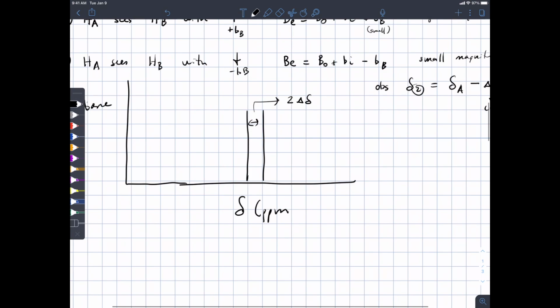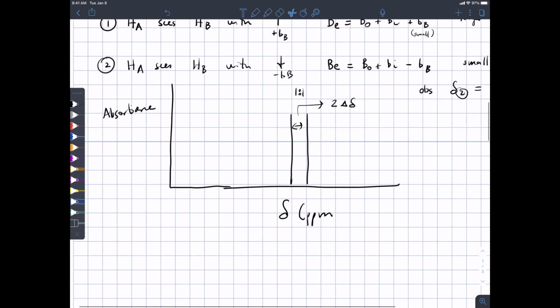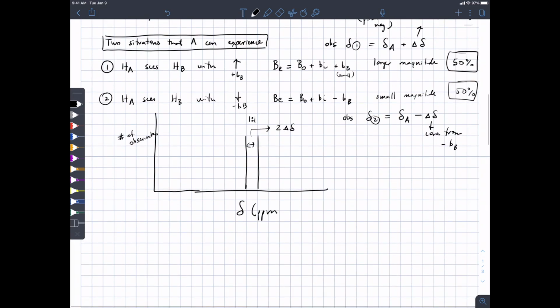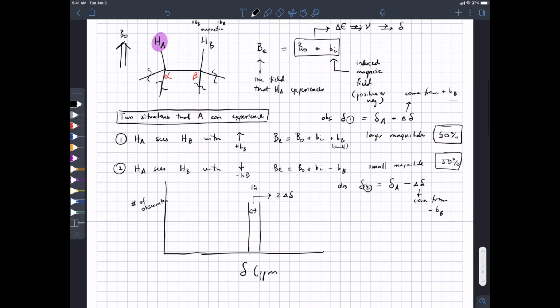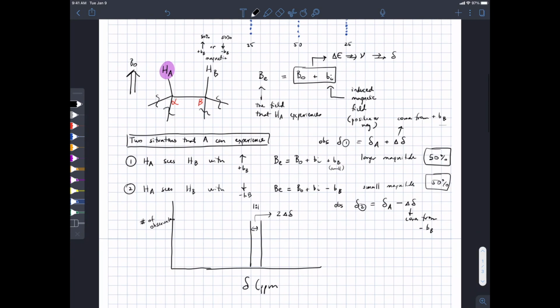We expect to see 2 peaks present in a 1-to-1 or 50-50 ratio in terms of their intensity. And they should be separated by an amount that comes from the influence of that nearby proton. Okay, that's kind of a lot, so let's pause for questions, because this is tough to get.